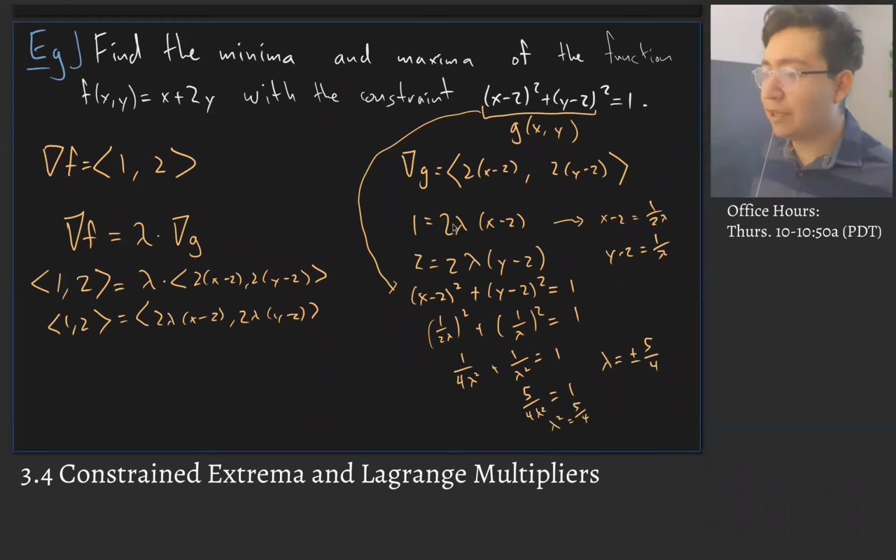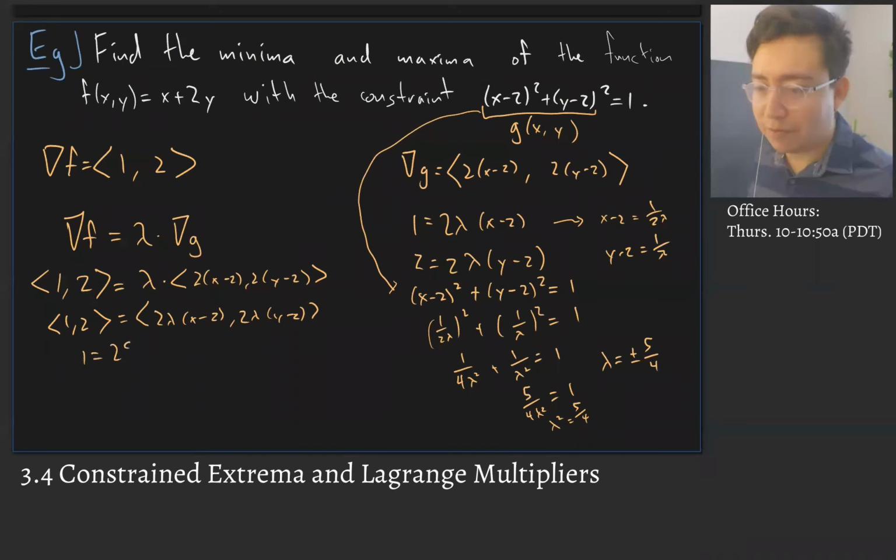So now this is going to come back over here and we get two systems of equations. We get 1 equals 2 times 5/4 times x minus 2, and then 2 equals 2 times 5/4 times y minus 2.